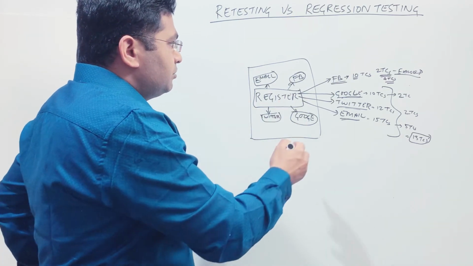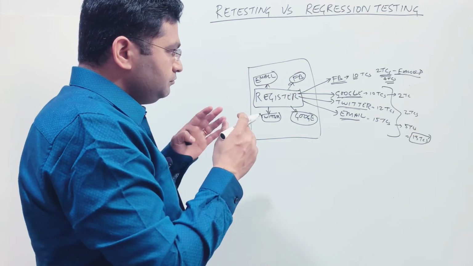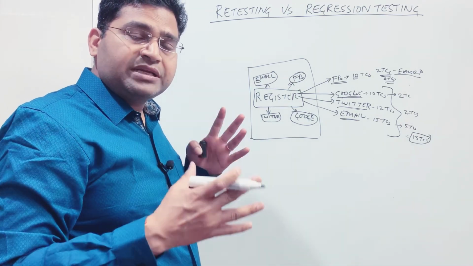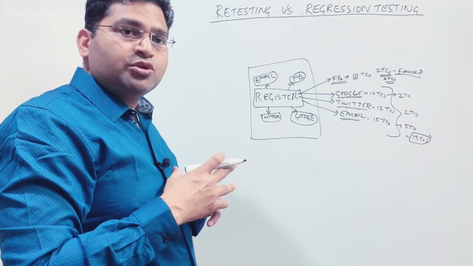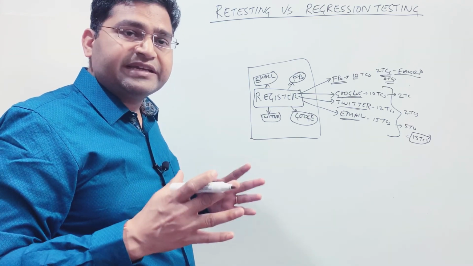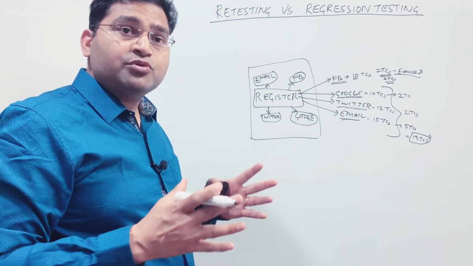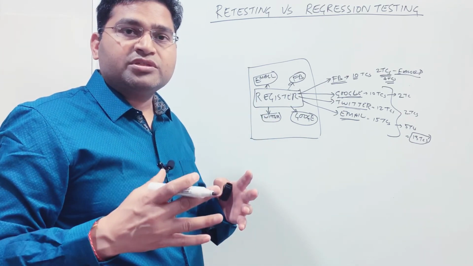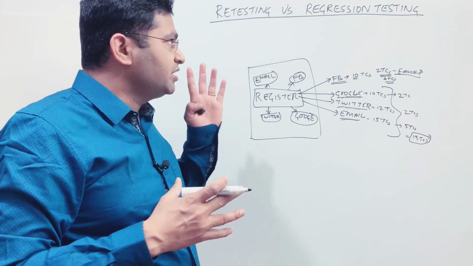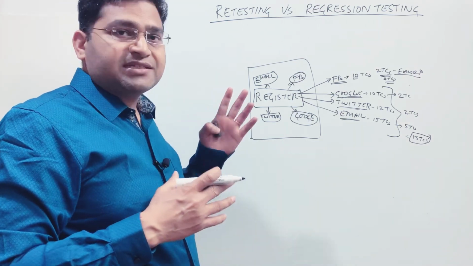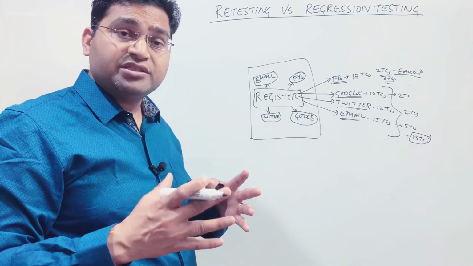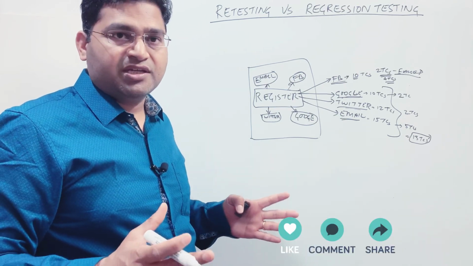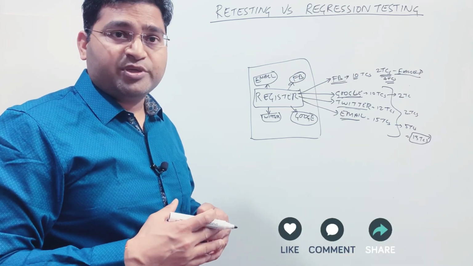So this is the example that you can memorize and correlate with real examples. You can also think of other examples which will help you explain this to the interviewer and get yourself very comfortable with this question, retesting versus regression testing, what is the difference, and how you will be able to explain this in any software testing interview.